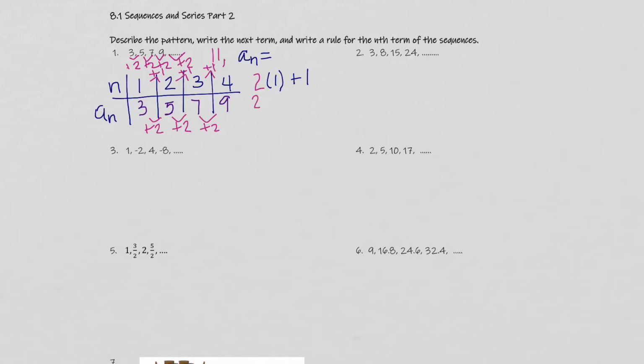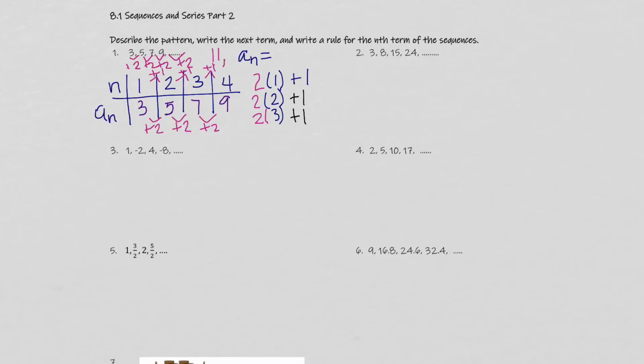If I do 2 times 2, I would get 4. If I add 1, I would get 5. And so I like to check a couple of them, make sure they work. So 2 times 3 is 6. If I add 1, I would get 7.